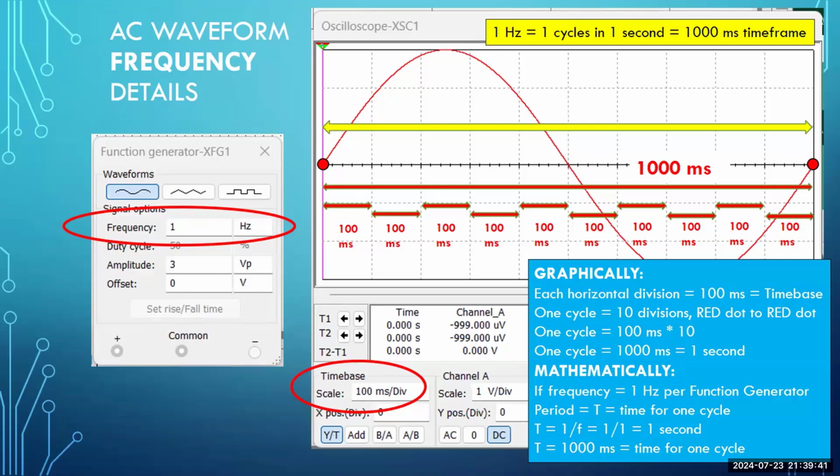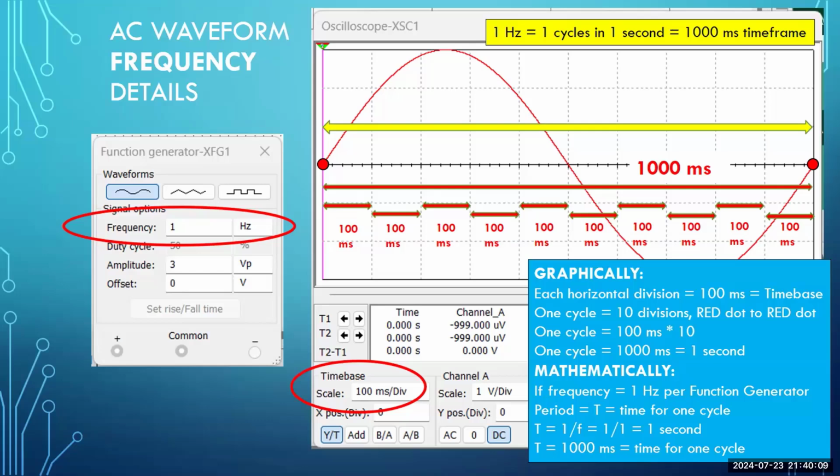Now, mathematically means we're not going to look at the trace on the oscilloscope, but we'll just do this based on the function generator. If the function generator says our frequency is 1 hertz, period, I gave you the formula for. Period is represented by the letter T, and defined as the time for one cycle. T had a very interesting relationship with frequency.